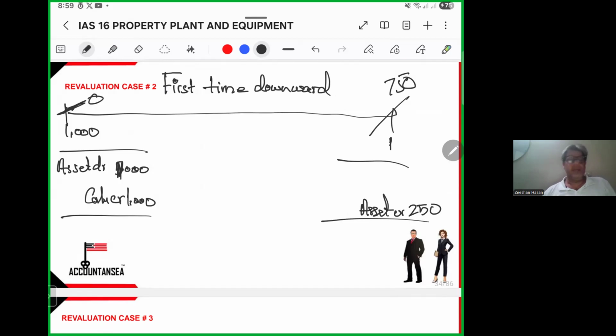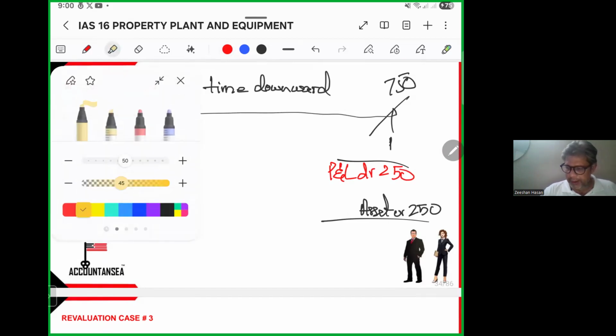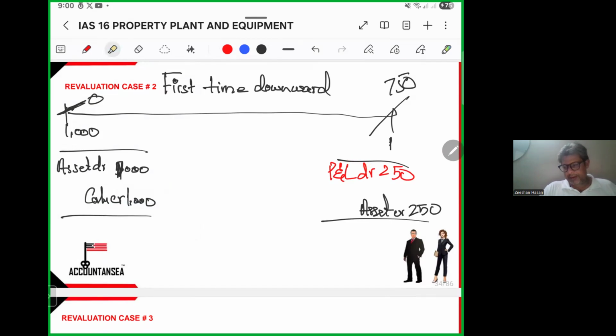Now, as the value goes down by 250, we will recognize the expense in the profit and loss account as an expense of 250. Now there may be a question in the class: when the value goes up, you recognize the gain in the equity, and now you are recognizing it as an expense. Why? I said it is the application of the prudence concept.